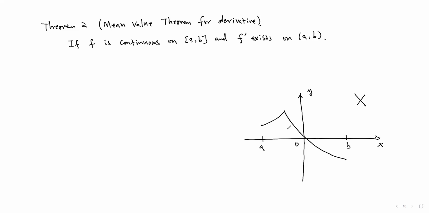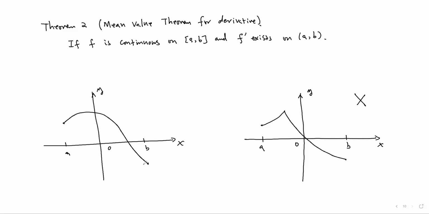In this case, on AB, the function is continuous, the graph is continuous. Derivative exists. That means that the graph should have no corner. In other words, the graph should be smooth.